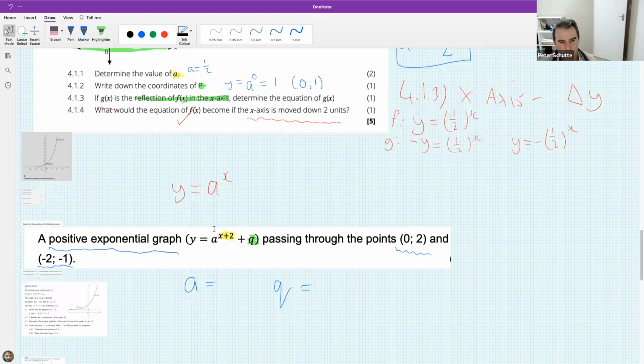Which point do you think would be helpful when you first start this? Which point do you think would knock something out? That's the hint I'll give you.